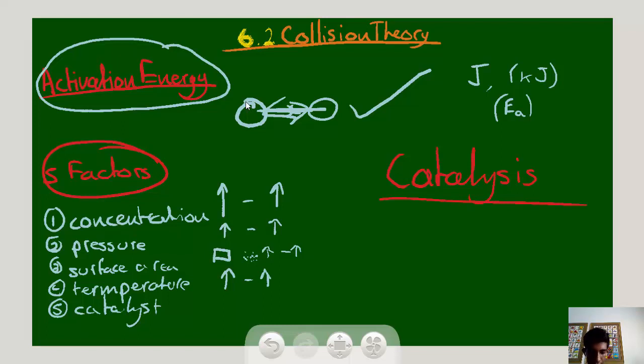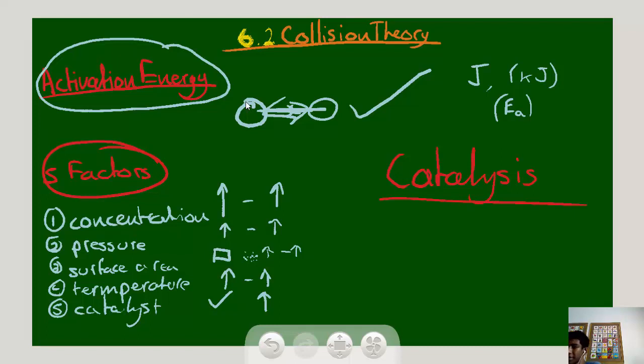Finally, the presence of a catalyst is essentially a tool that's used to speed up the rate of reaction. If there is a catalyst, it's likely to increase the amount of collisions and speed up the rate of reaction.